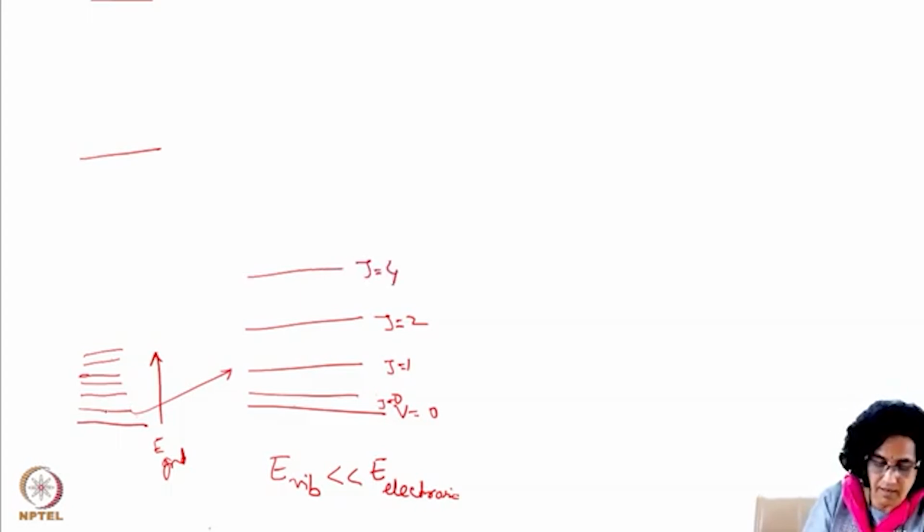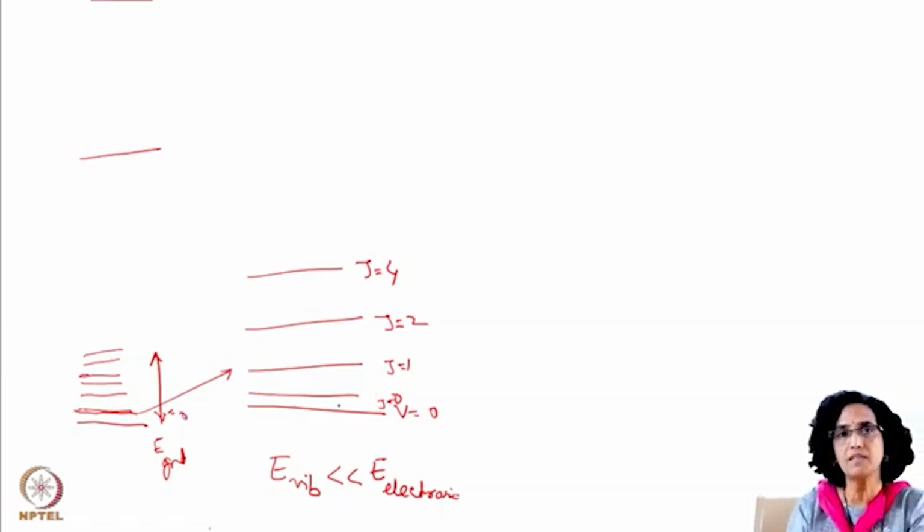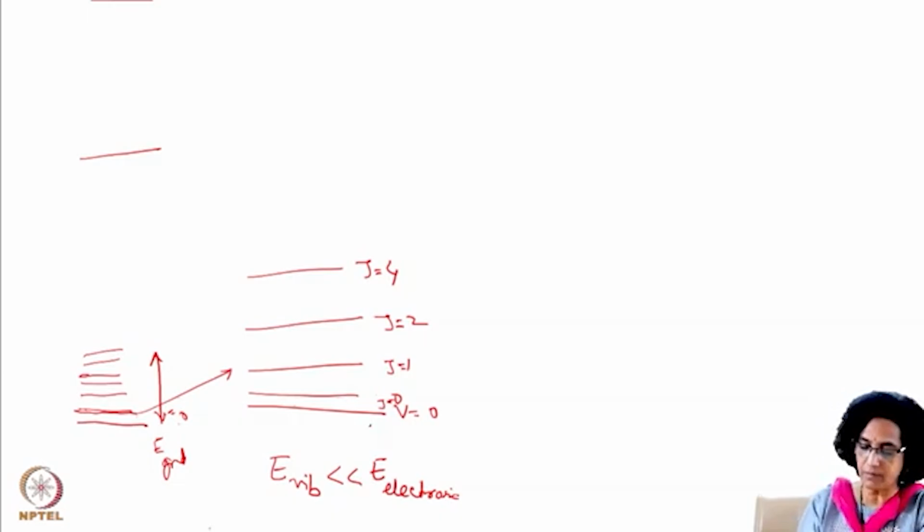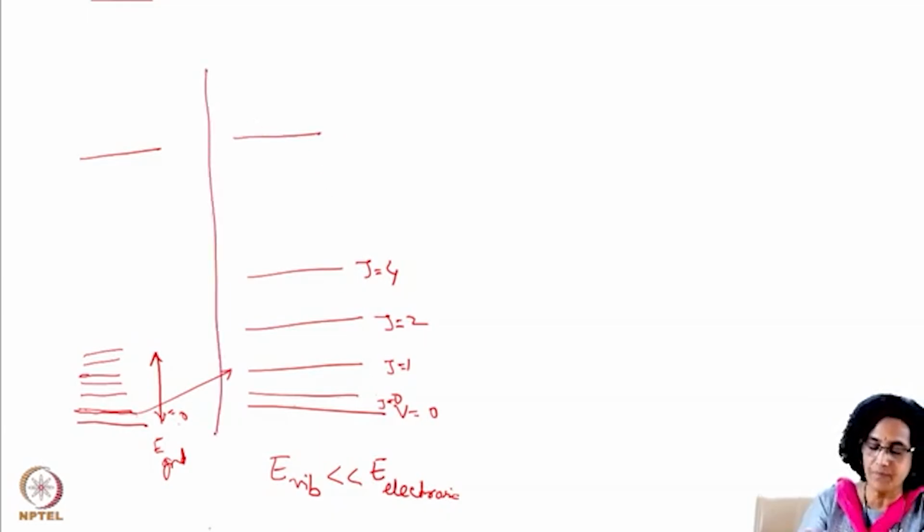So this is in the ground vibrational level. You have these rotational levels starting from the ground vibrational level. And if this is the first excited vibrational state, then it will also have its own rotational level scheme.